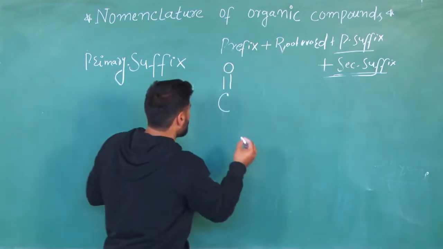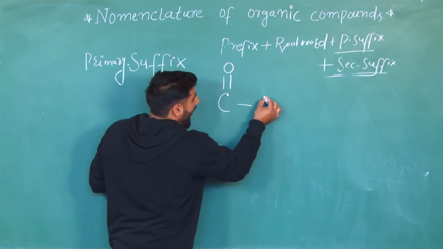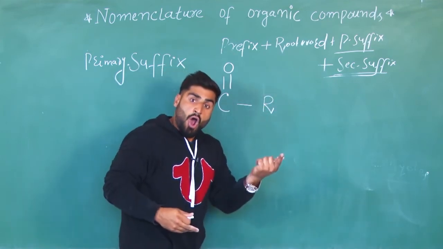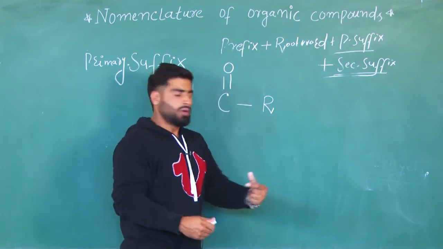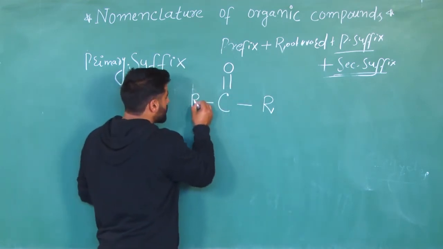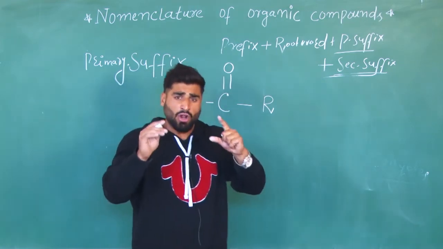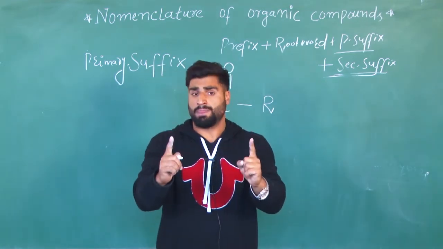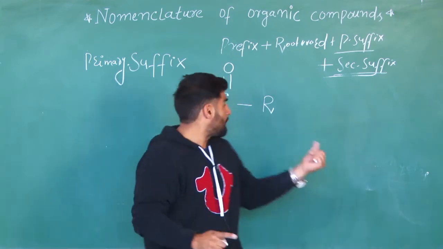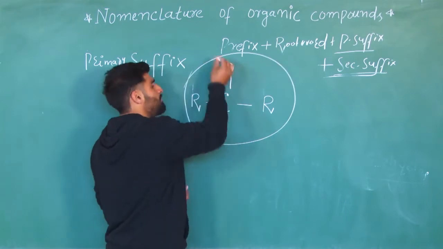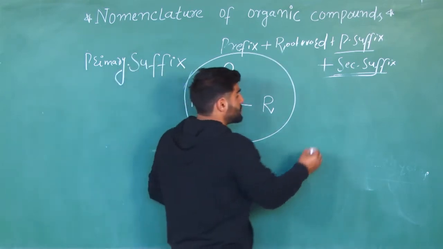If the carbonyl group is attached with R, meaning alkyl chains, carbon chains on either side, meaning there is no hydrogen on either side, such compounds are known as ketones.